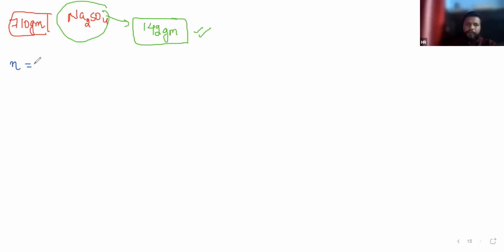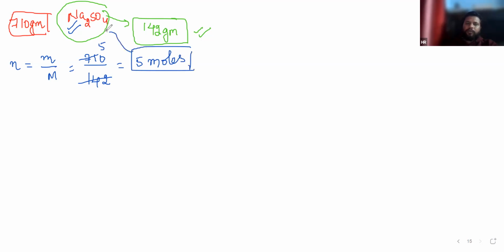Just see, first we will calculate the number of moles of Na2SO4. It is given mass upon molar mass, so you can write 710 upon 142, and it will be cancelled by 5, and you will get 5 moles of Na2SO4.